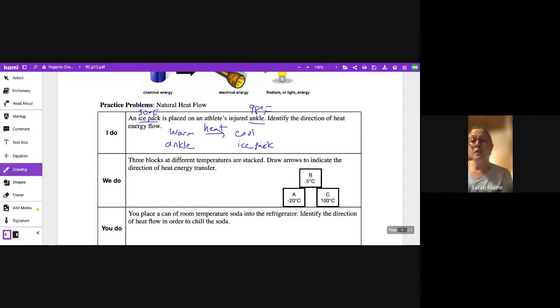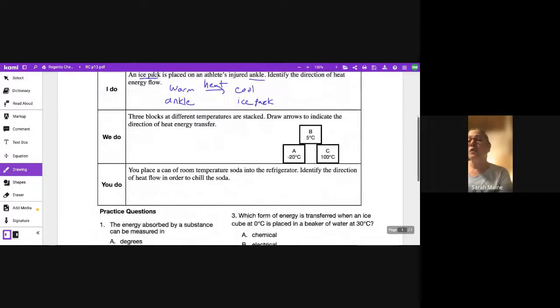Moving on to the we do. So once again, if we look at the last sentence in the task, it says, draw arrows to indicate the direction of heat flow. Notice in our picture, we have 3 blocks, A, B, and C, and each one is at a different temperature.